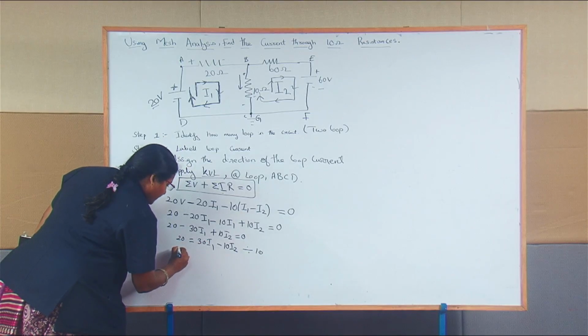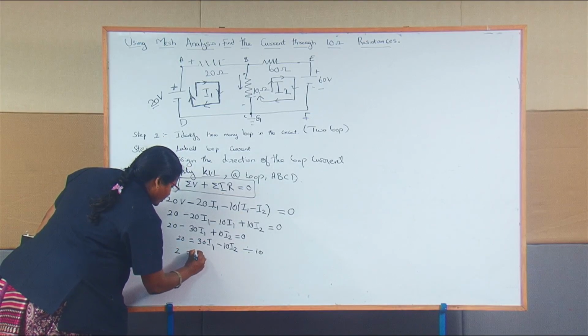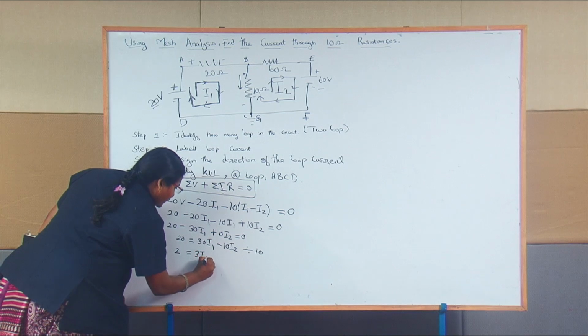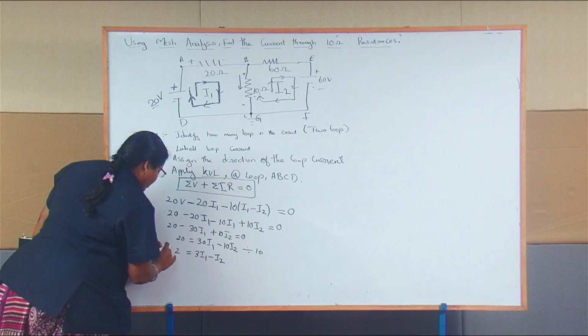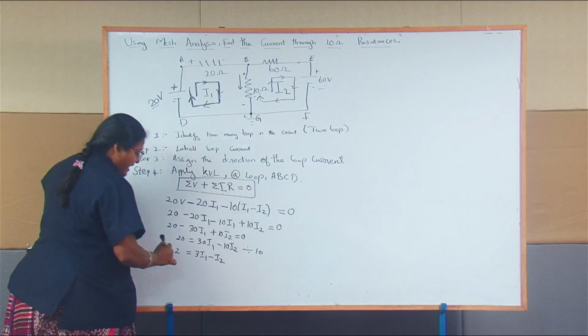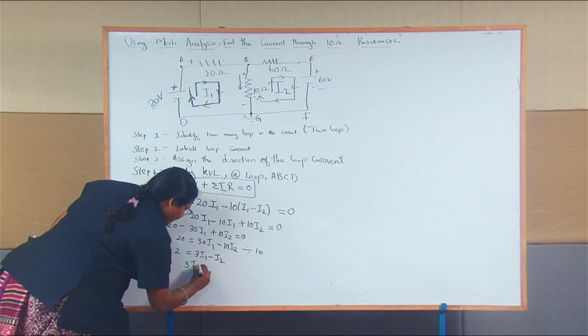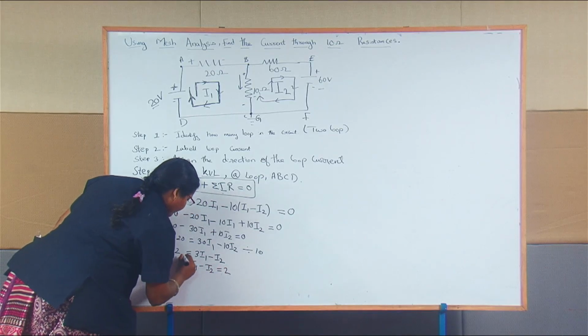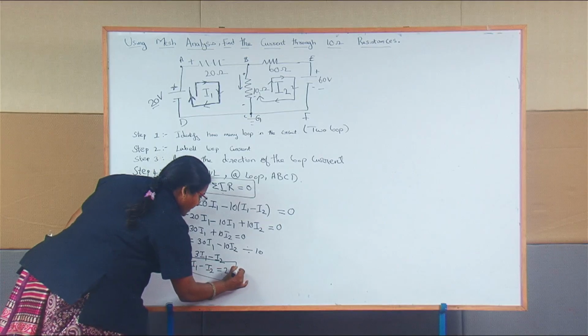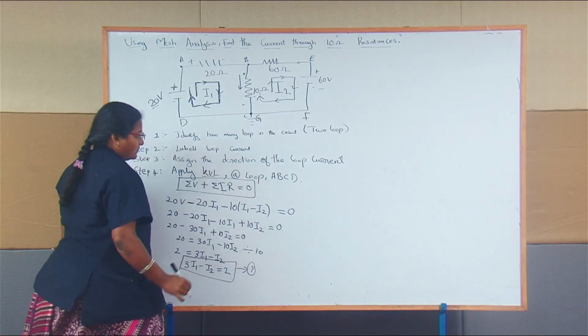So it becomes 2 equal to 3 I1 minus I2. I am going to consider this as the first equation: 3 I1 minus I2 equal to 2. This is equation 1.